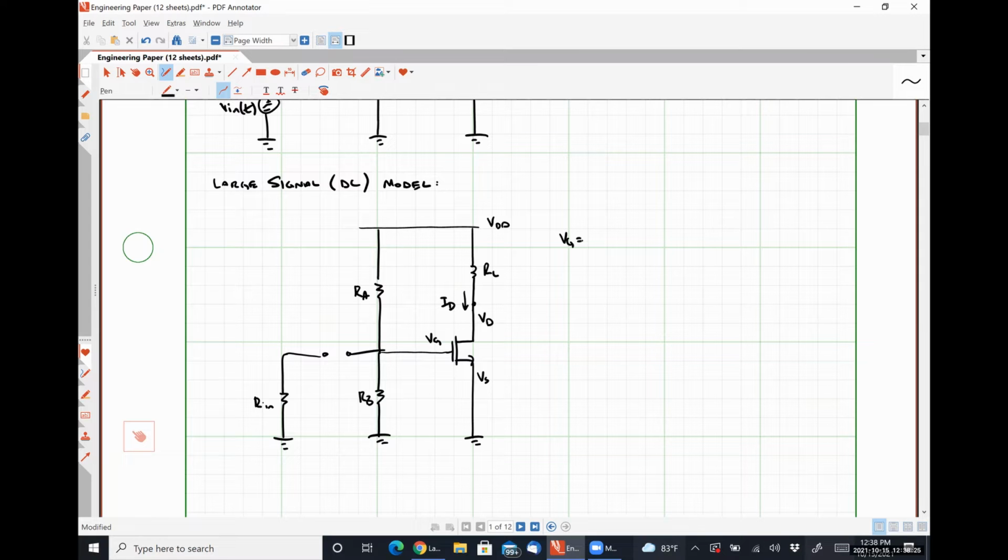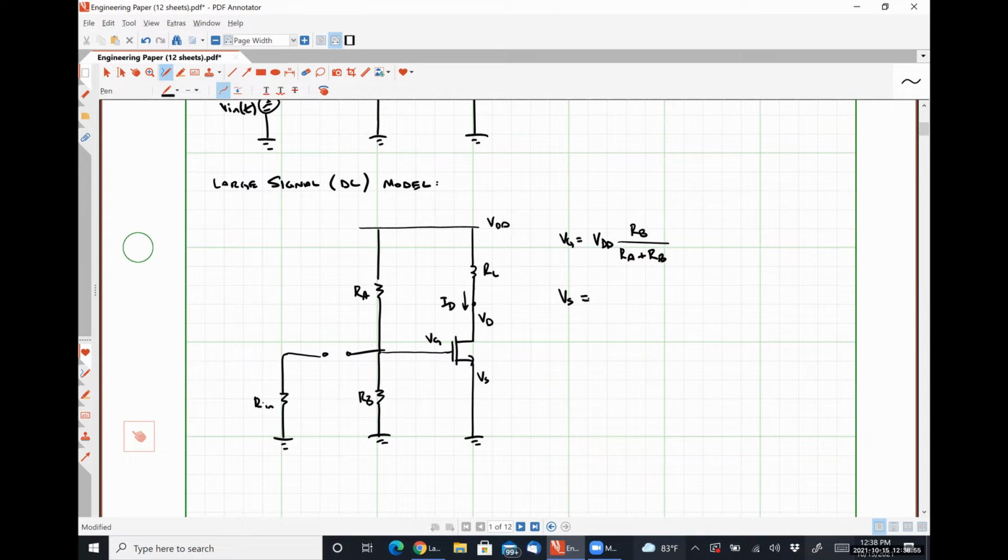We know that no current can branch off and flow into the gate because it forms a capacitor, right? So the internal capacitance of the transistor is going to look like an open circuit as well. So just using simple voltage division, we can see that VG is going to be VDD, our supply voltage, multiplied by RB over RA plus RB.